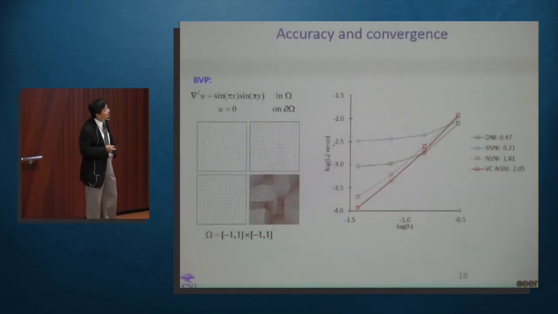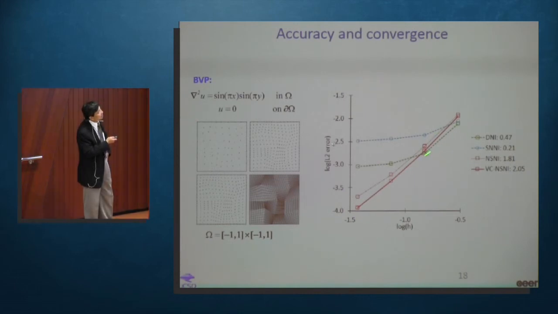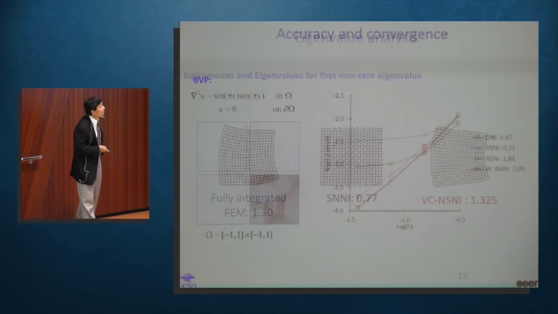So here I show you the comparison with direct nodal integration, which as we know has very poor convergence. SNNI is also not very good. And now with this naturally stabilized nodal integration, I'm getting close to the optimum rate of convergence. Then if you take this one with the additional correction of variational consistency for this naturally stabilized nodal integration, then I recover the quadratic rate of convergence.